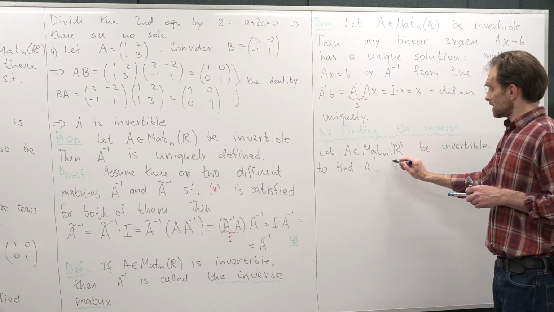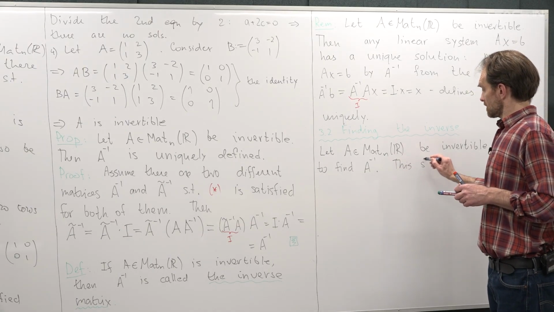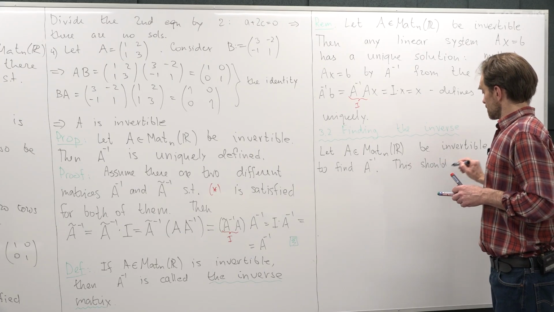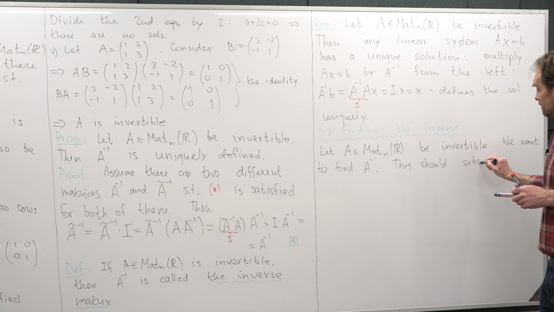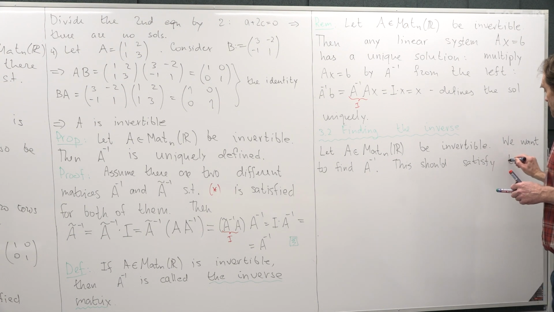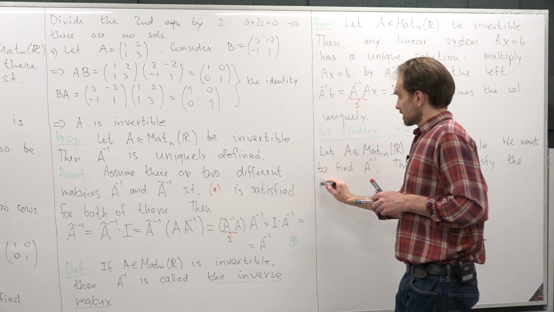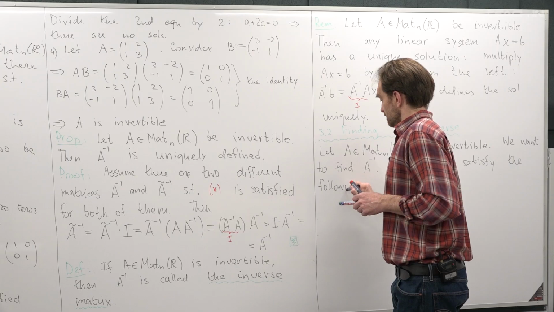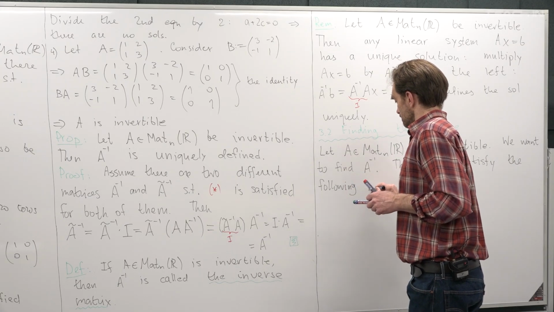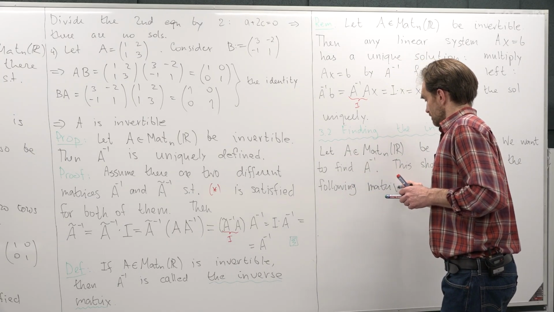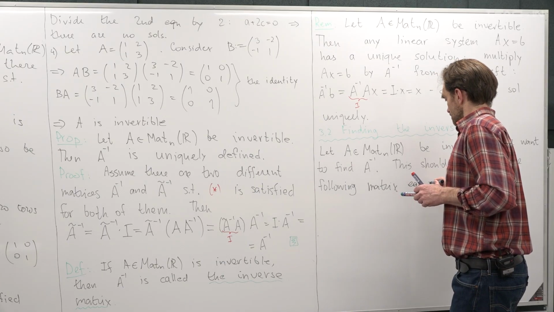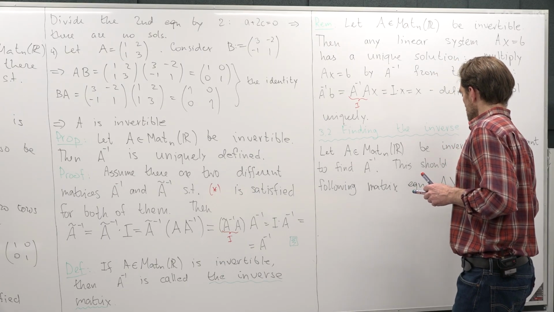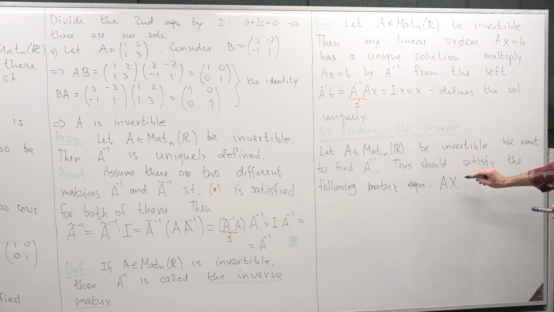So this matrix should satisfy the following matrix equation. So A multiplied by some unknown square matrix gives the identity.